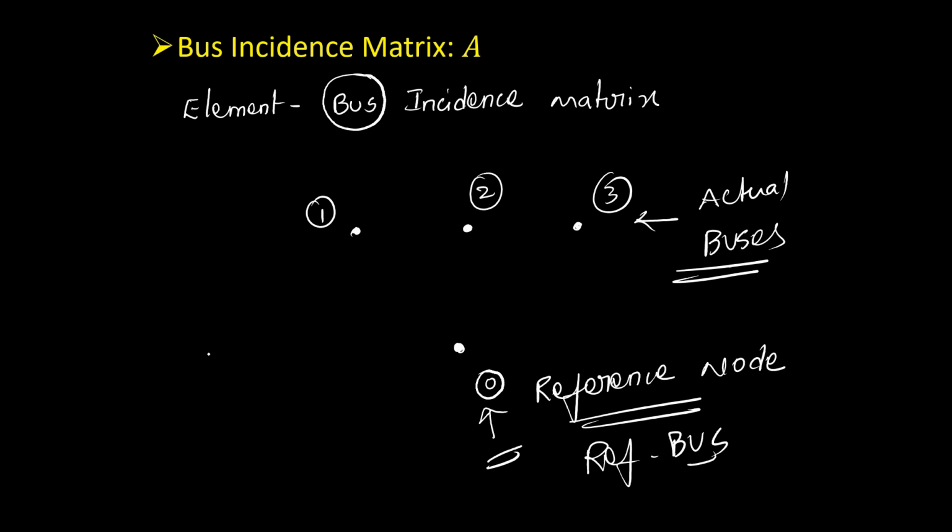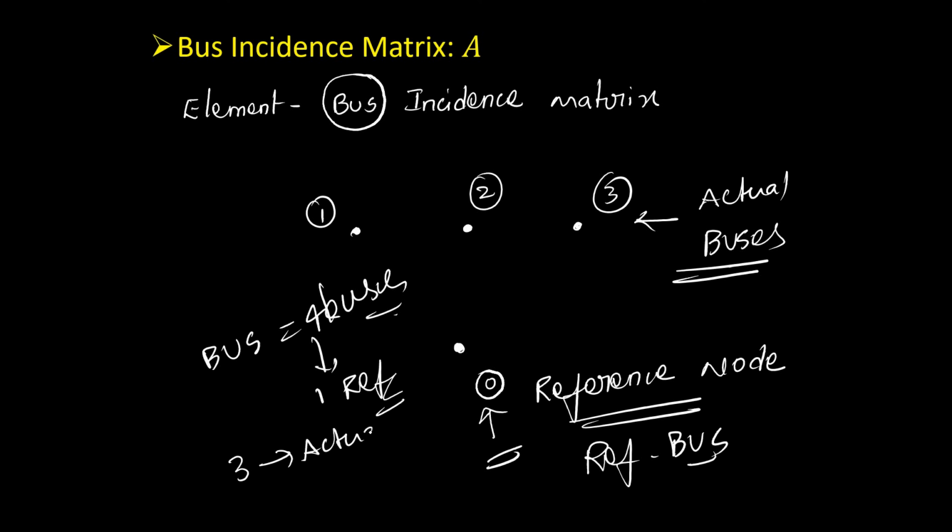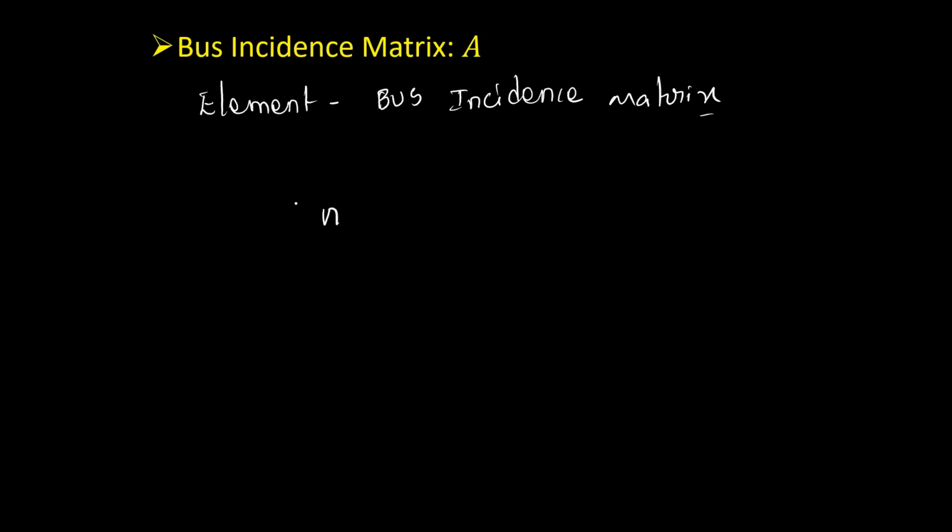Okay, if you take the total number of buses equal to 4 buses, out of these one will be considered as a reference bus and the remaining 3 buses will be called actual buses. So if you consider n buses, among these n buses, we will consider one bus as a reference bus and n minus 1 buses you will call actual buses.